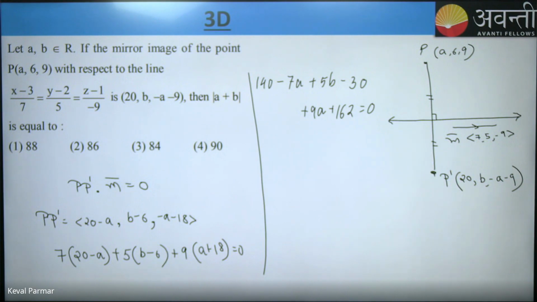Did we make a mistake anywhere? 20 minus A, B minus 6, minus A minus 18. 7 into 20 minus A, 5 into B minus 6, plus 9 into A plus 18. 7 twenties are 140 minus 7A plus 5B minus 30 plus 9A plus 162.